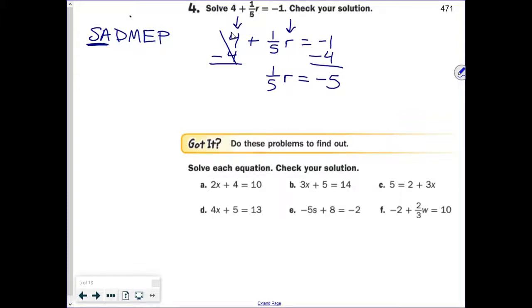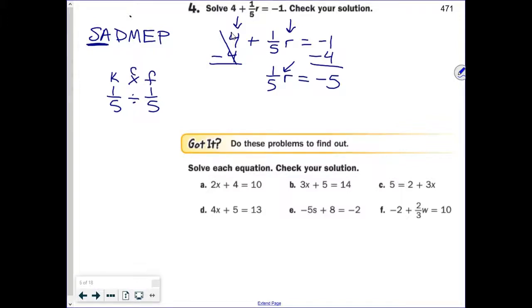Now, we have to get rid of multiplying by 1/5. We know the opposite of multiplying by 1/5 is dividing by 1/5. But remember, when you divide by a fraction, we do so by keeping the first fraction, changing division to multiplication, and then flipping our 1/5 over to its reciprocal, which would be 5/1.